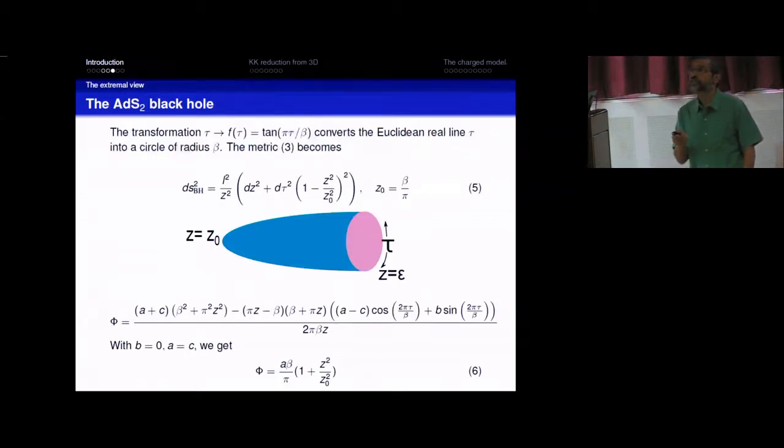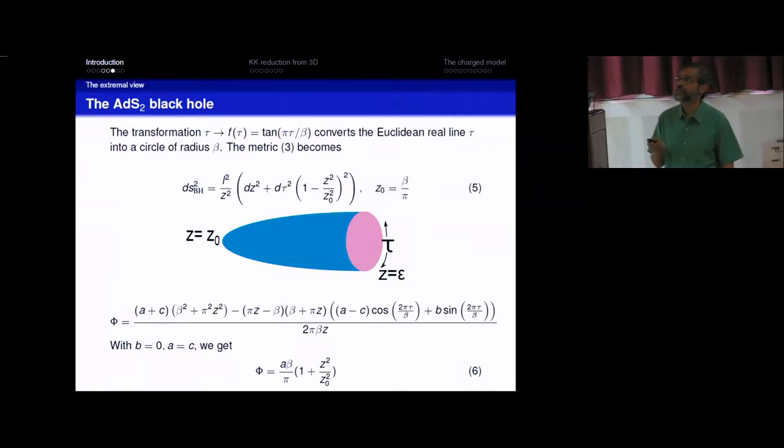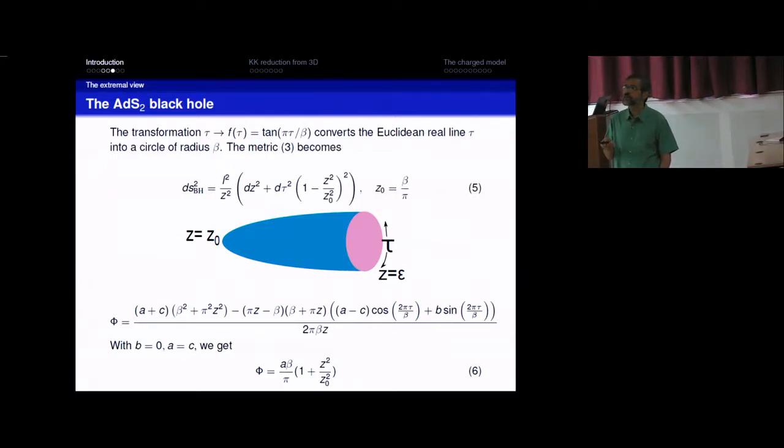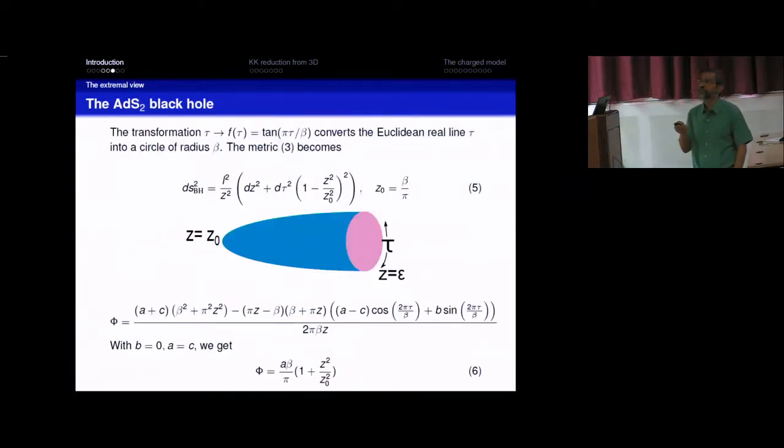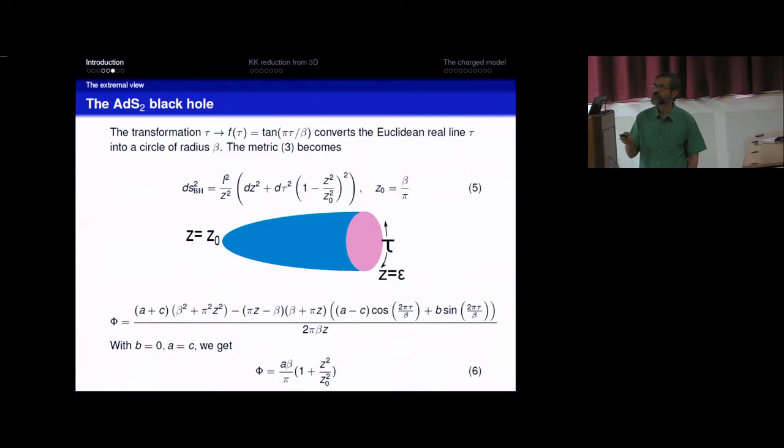Okay, so when you take the f of tau of this tangent form, then it converts the Euclidean real line tau into a circle of radius beta. In that case, this metric becomes basically a black hole metric in AdS2, with this as the value of the horizon coordinate, and so the picture is that of a cigar, because the coefficient of d tau square vanishes.